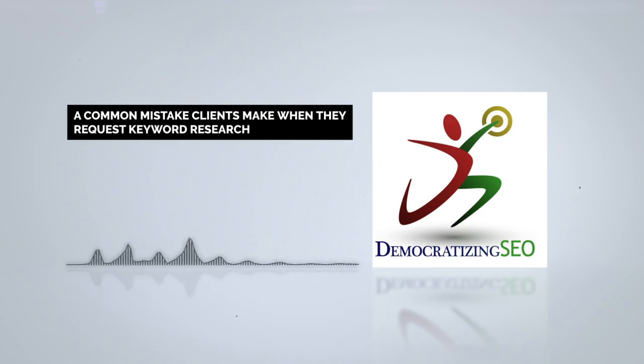This is the type of keyword research you would want to request when you're in the early stages of creating a new website. The outcome of this type of research is that you'll have a better understanding of the industry you're in as it pertains to search. This insight can then be used to inform the creation of your website.